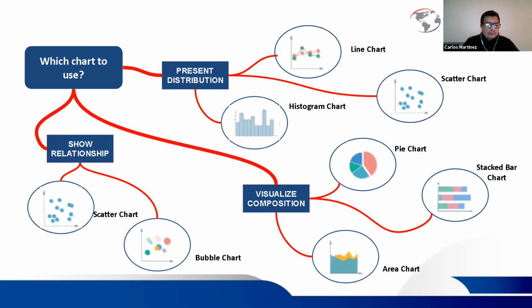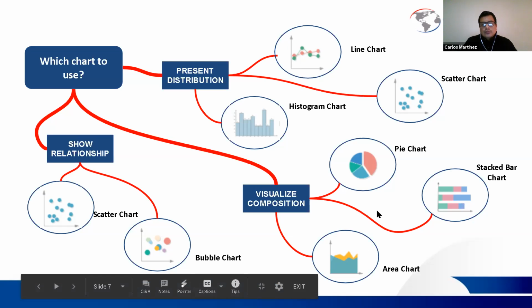To visualize composition, we use pie charts, stacked bar charts, and area charts, okay? So these are the most common when we want to visualize composition.